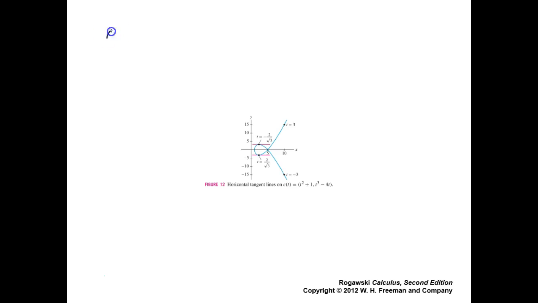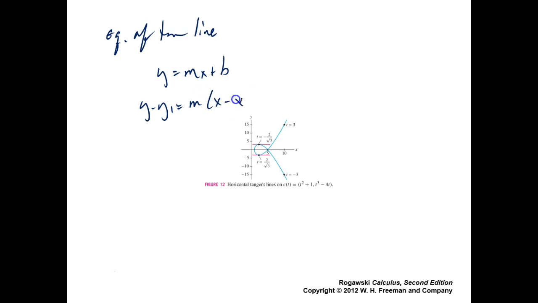So how can we get the equation of a tangent line? What are we going to need? Any ideas? How about an equation of a line in general? There can be several forms. y equals mx plus b if we had slope and y-intercept, or y minus y1 equals m times x minus x1.